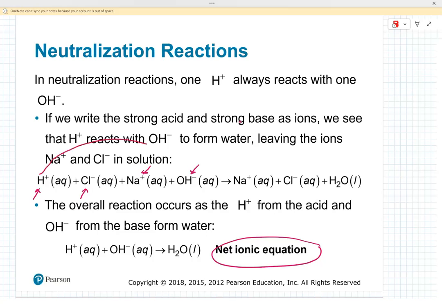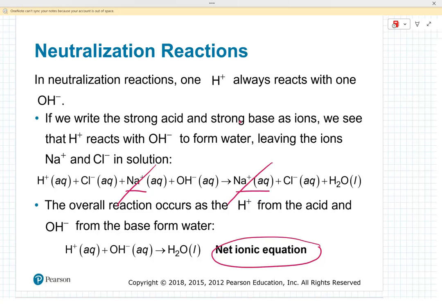When hydrogen ion hooks up with hydroxide anion, they form water. Does that make sense? Now, chemical reactions to a large extent work pretty much just like arithmetic equations. So if you have sodium on the left and sodium on the right, you can cancel them out.